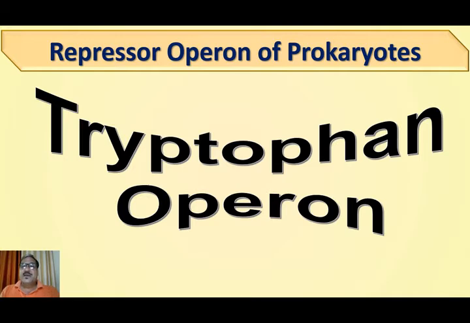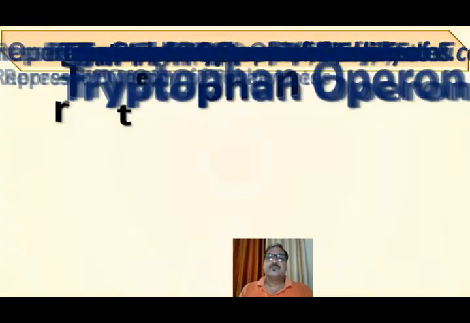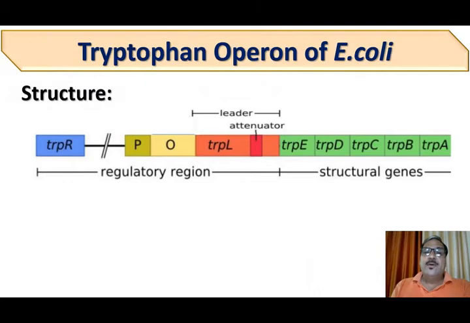Let us understand the mechanism, taking the example of the tryptophan operon. Like all operons, the tryptophan operon also consists of 5 structural genes, a regulator, promoter, operator, and terminator. Regulation of transcription occurs at the initiation and termination site. The entire tryptophan operon is approximately 7,000 base pairs long.